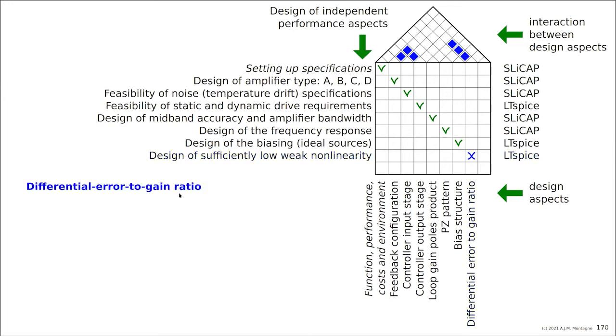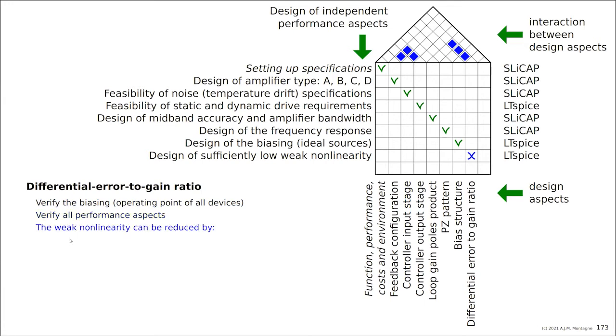So the differential error to gain ratio. First, we verify everything, of course. We verify the biasing, all performance aspects, and then the nonlinearity can be reduced. If we find too much IMD or harmonic distortion or nonlinearity, then we can reduce it by decreasing the differential error to gain ratio per stage. In other words, making a stage more linear without reducing its gain, its contribution to the loop gain.